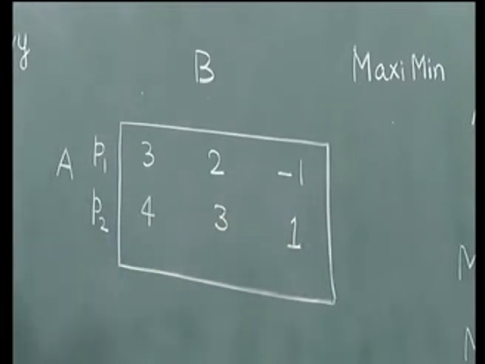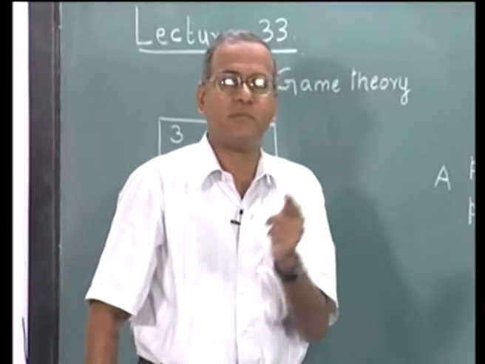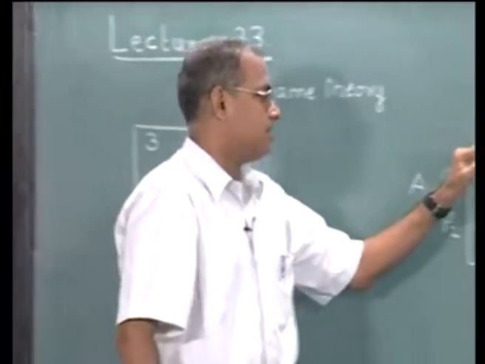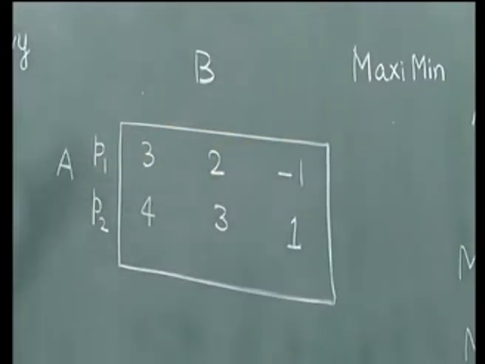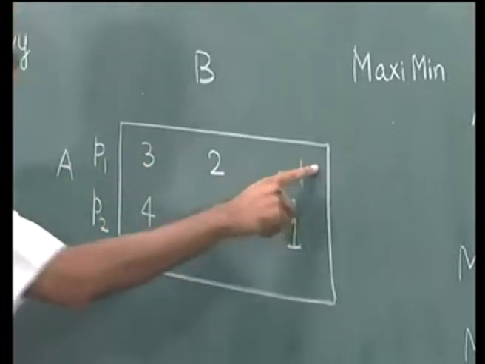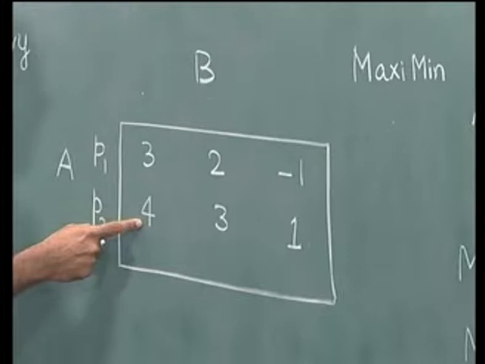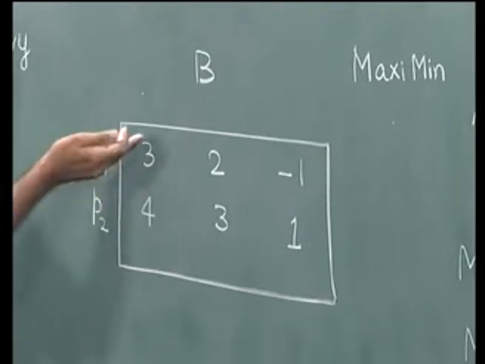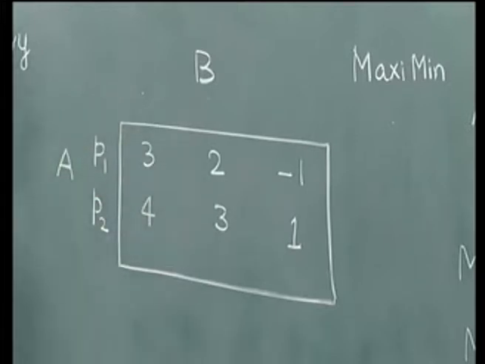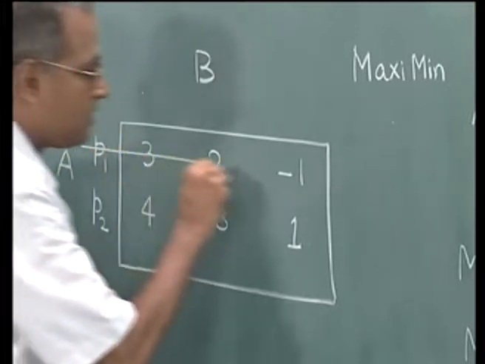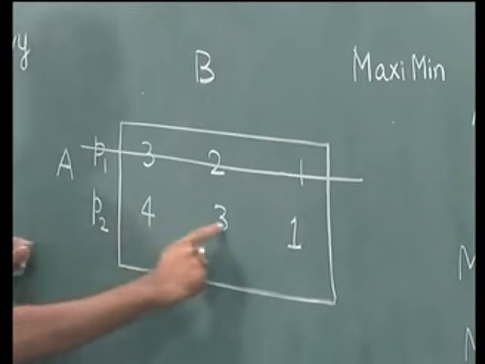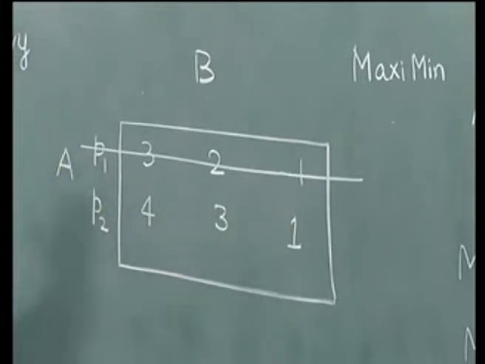Therefore, no matter what proportion of times B plays the 3 strategies, A will not choose to play this at all, because by playing this A will get more money than by playing this. So, this strategy will dominate the earlier strategy, and therefore, A will leave out this strategy. So, A will continue to play always this second strategy with proportion P2 equal to 1 and P1 equal to 0.